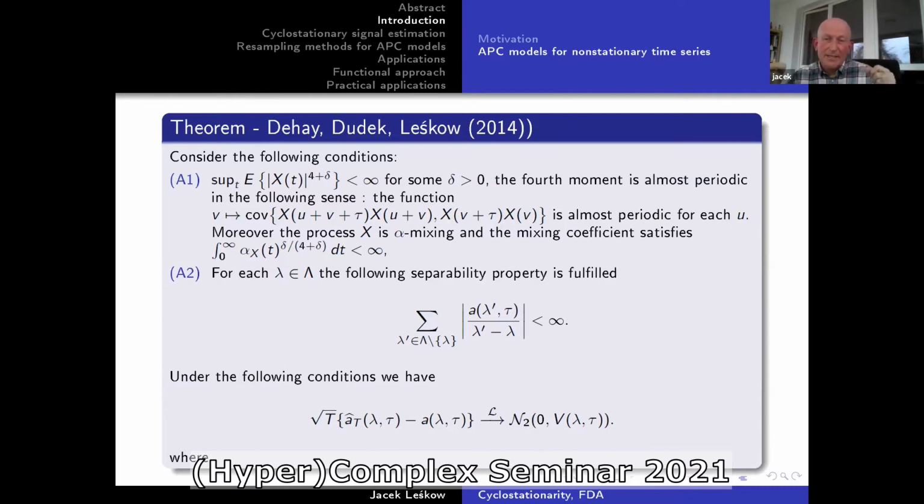Alpha mixing means that we have a certain function controlling the dependence that goes appropriately quickly to zero. So think about the alpha function that is integrable even with the power delta over 4 plus delta, which means this function essentially goes to zero with a certain speed. So that's our way of controlling the dependence. Look carefully: the control of the dependence, alpha with the power delta over 4 plus delta, is related to heavy tails, or the boundedness of moments.